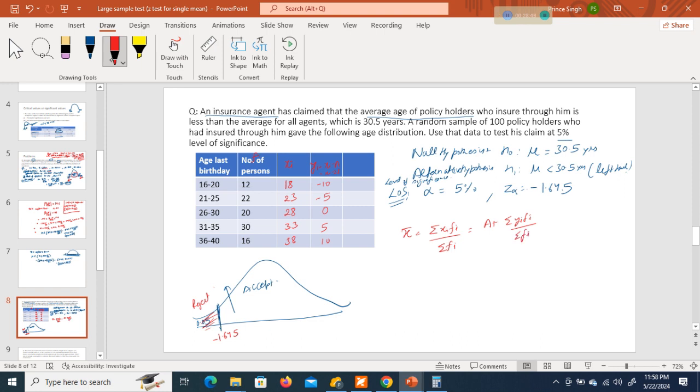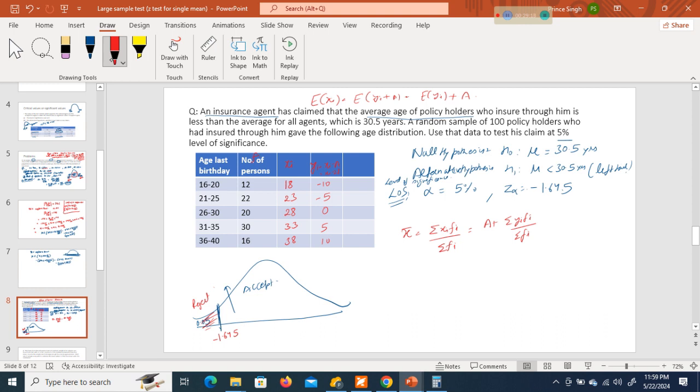Okay, because I have shifted the origin. Like what is the expectation of xi? This is the expectation of yi plus a. It is the expectation of yi plus the expectation of a constant, which is the constant, right? So we can use this formula.